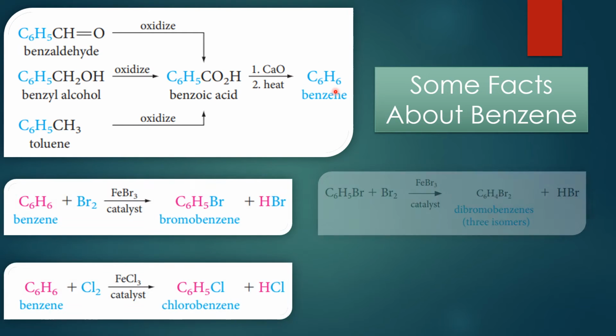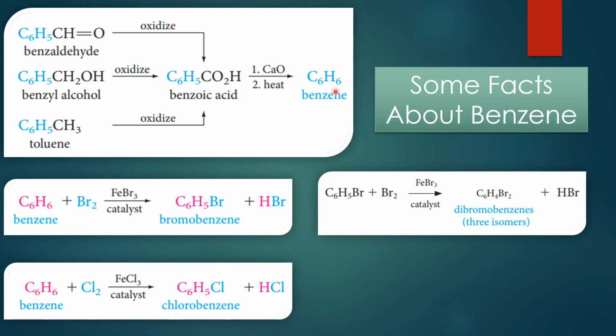Next. Despite its molecular formula, benzene for the most part does not behave as if it were unsaturated. For instance, it does not decolorize bromine solution the way alkenes and alkynes do. Nor is it easily oxidized by potassium permanganate. It does not undergo the typical addition reactions of alkenes or alkynes.